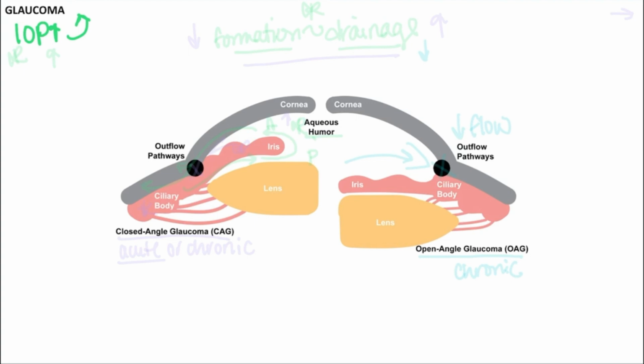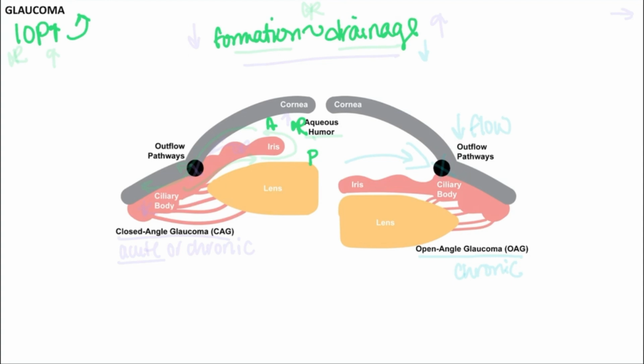So starting off with the normal regulation of intraocular pressure. IOP is the result of a homeostatic equilibrium between the formation and drainage of aqueous humor, which is a plasma-like fluid that fills the posterior and anterior chambers of the eye, whose function is to maintain our intraocular pressure and the shape of the eye.